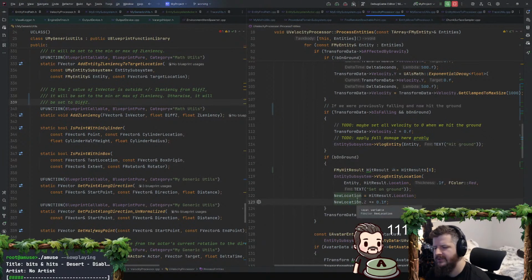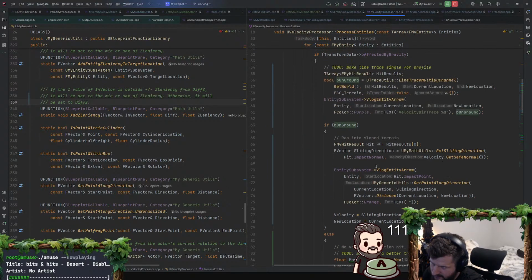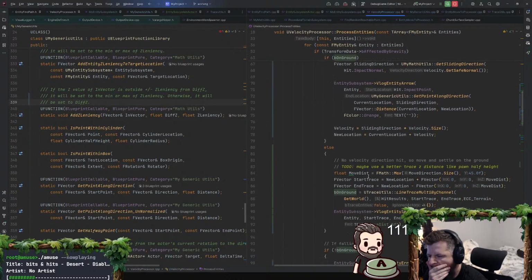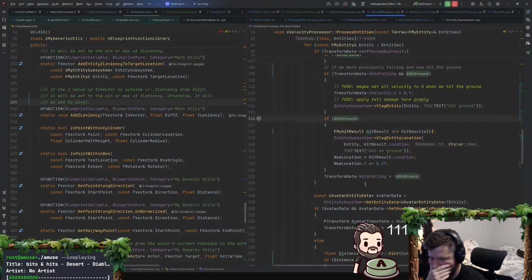Oh, yeah, we're setting that equal to the look, if we're on the ground. Okay, I see. So yeah, we're barely moving.